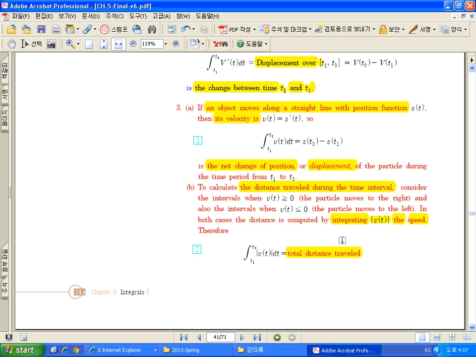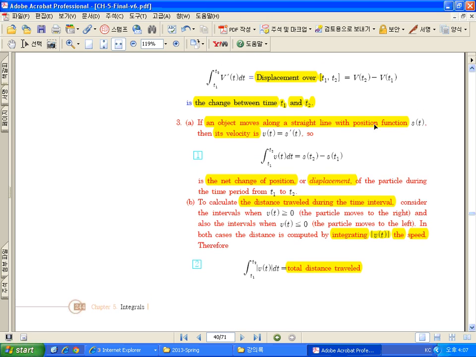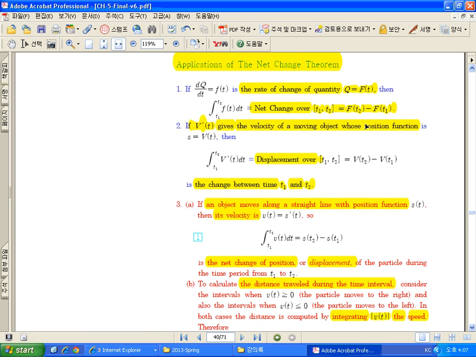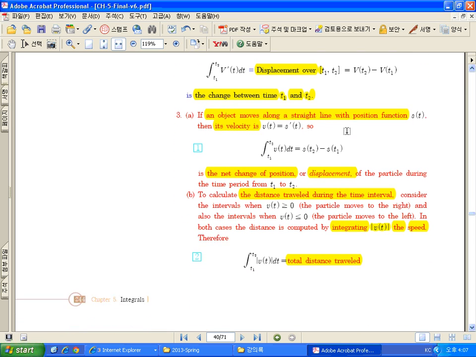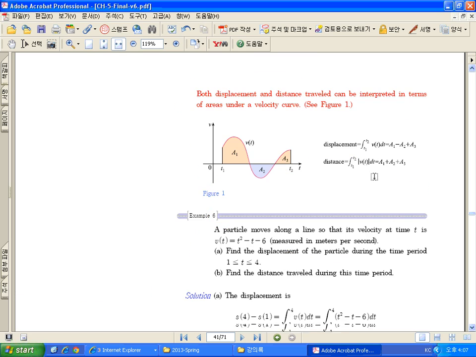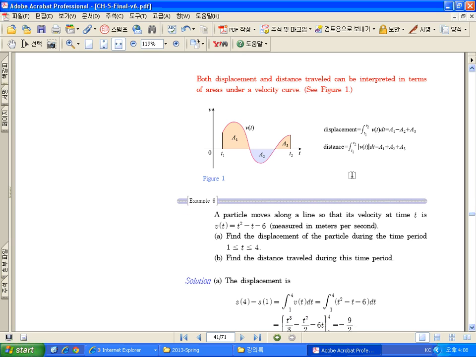So this integration can be used for many real-life problems, like displacement, net change, or distance traveled, etc. So the integration can be found on various occasions.